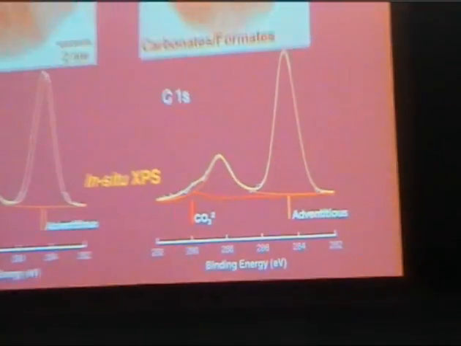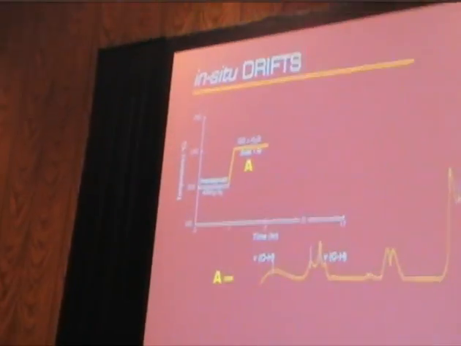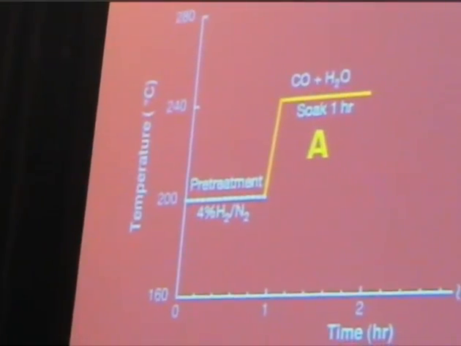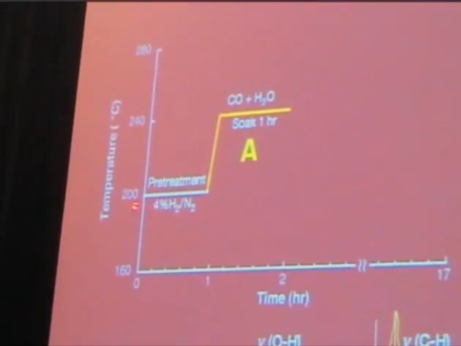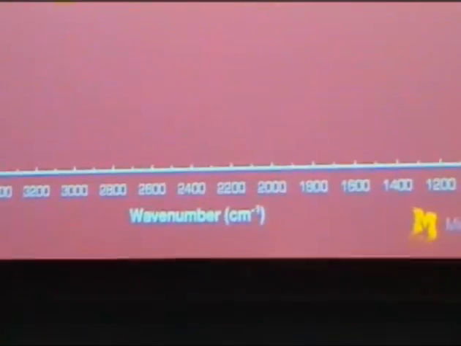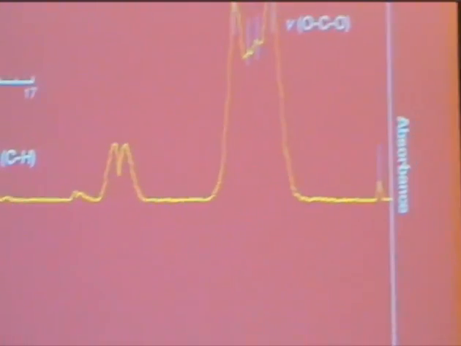In addition to in situ XPS, we also used in situ DRIFTS experiments to obtain further evidence of the formate and carbonate species. We pre-treated our fresh materials in 4% hydrogen in nitrogen at 200 degrees Celsius, as we typically do for the activity measurement.